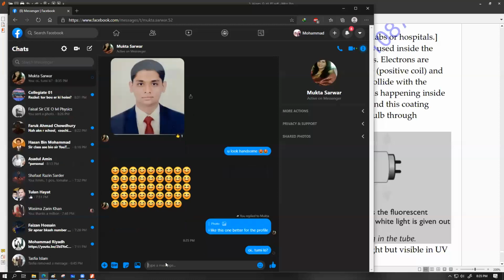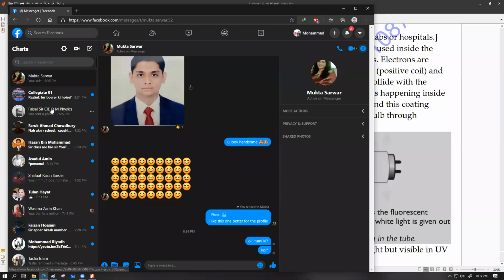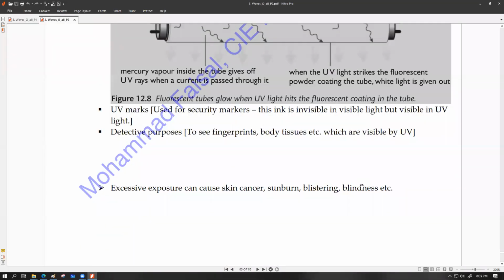Okay. Nice. ম্যাট্রিমোনিয়াল সাইট থেকে দিছে। Asha, moving on.